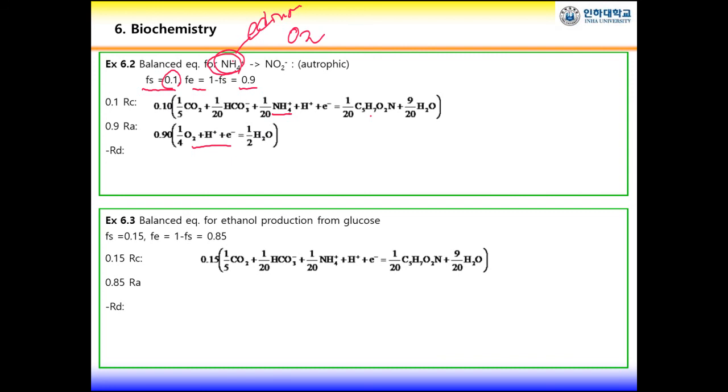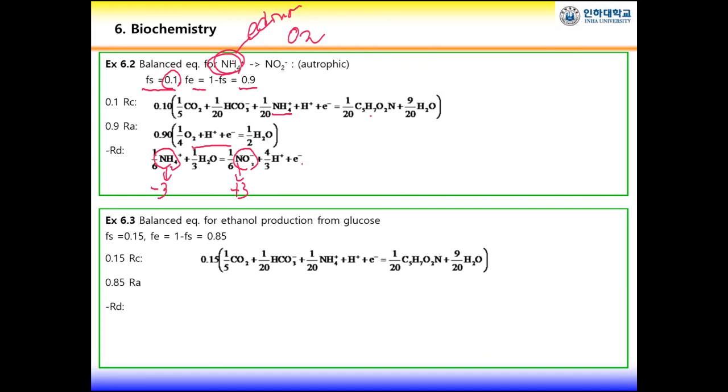So I think you can write down the half reaction for the electron donor, ammonia to nitrate. One mole of ammonia has an oxidation number of -3, and this one has +3. So we know that 1 mole of ammonia will release 6 electrons, or for the production of 1 electron equivalent, you need just 1/6 moles of ammonia.